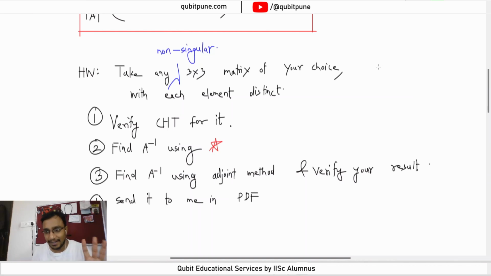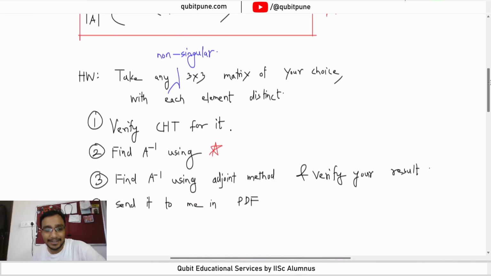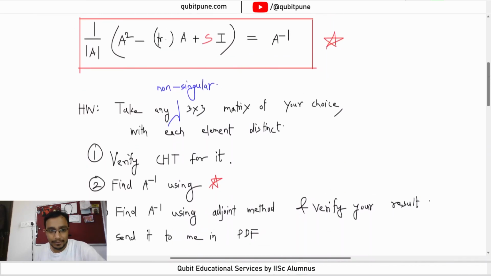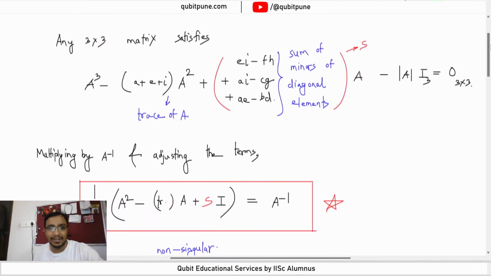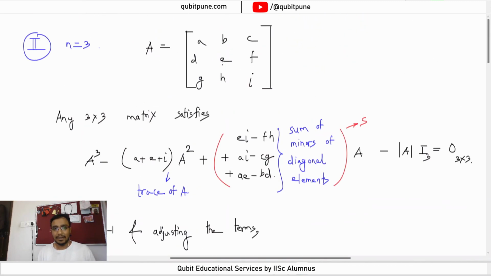That still happens with me sometimes, but I can afford to make an error and come back and rectify it. So please do the square and cube things on your own. Take the matrix as complicated as possible. It will put you through a situation you don't want to face during the exam. So please do that by tonight and send it to me.